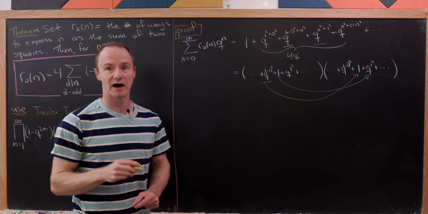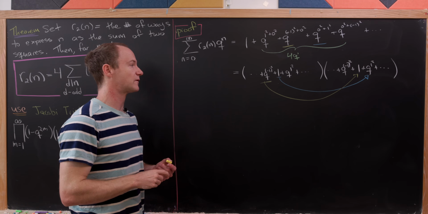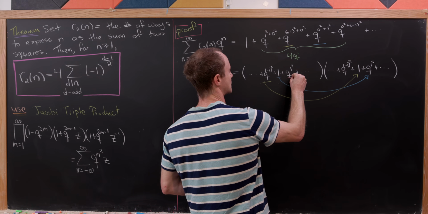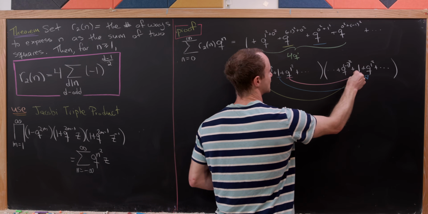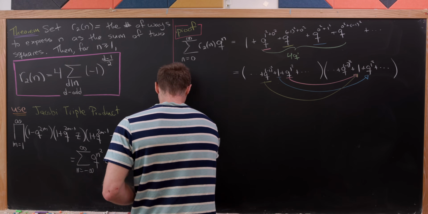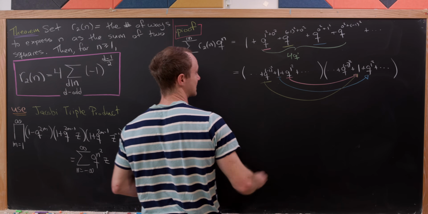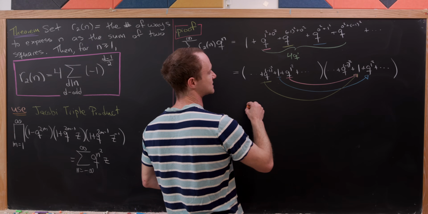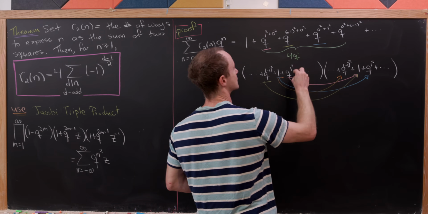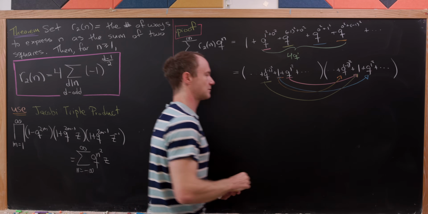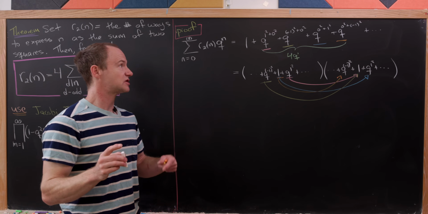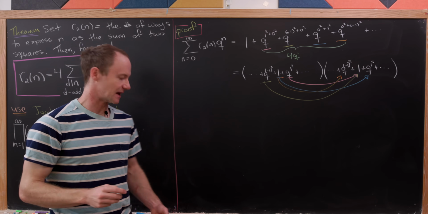And as you can see, by using the distributive rule for the rest of those terms, like for example this one right here up to this number 1, which would correspond to this term, and then finally this number 1 here and this q to the minus 1 squared, which would correspond to this term, we're able to capture where all of our q to the first power terms came from.